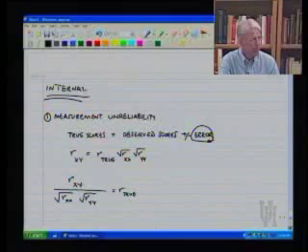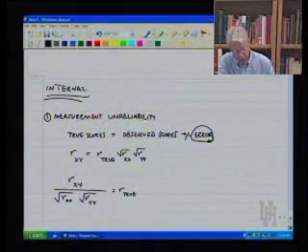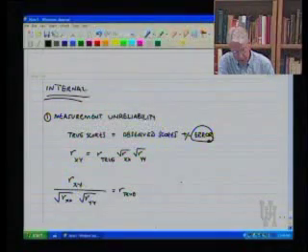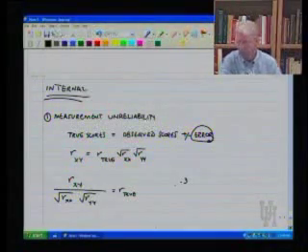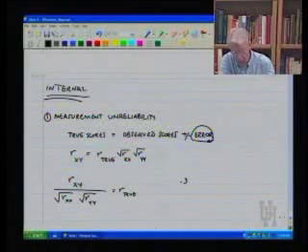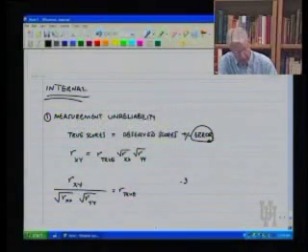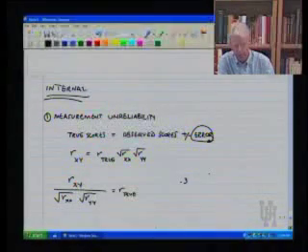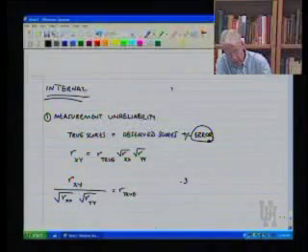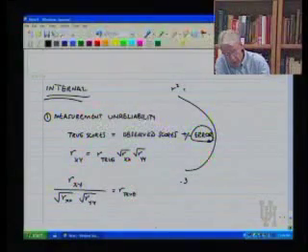Let's take an example then. Let's assume that the observed correlation between X and Y is 0.3. If you recall, if R equals 0.3, R squared equals 0.09. Yes?